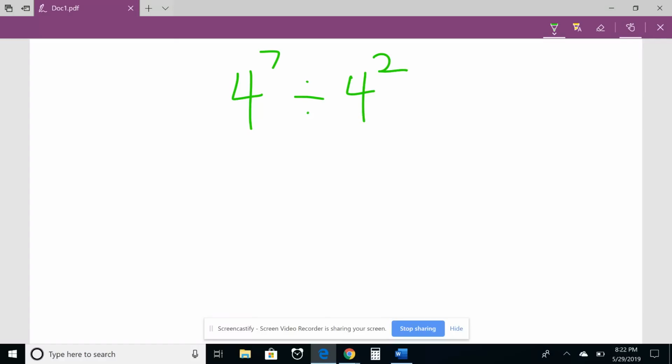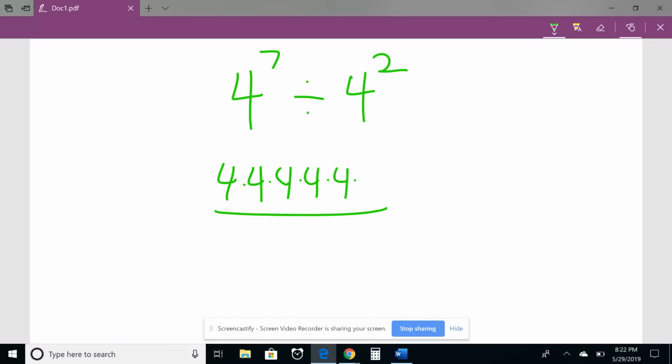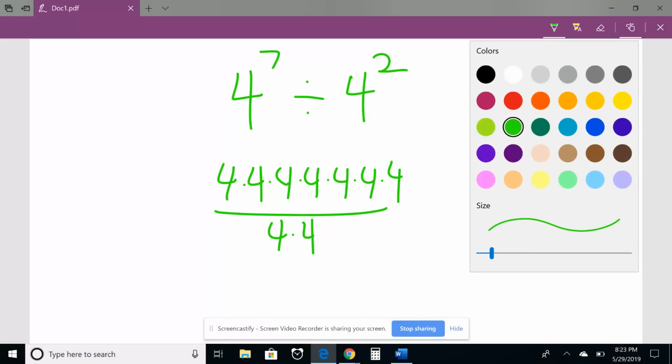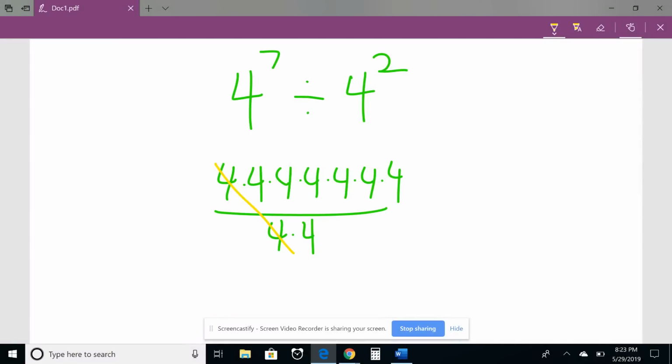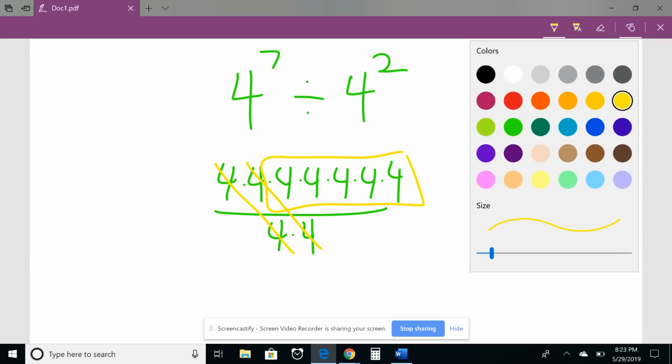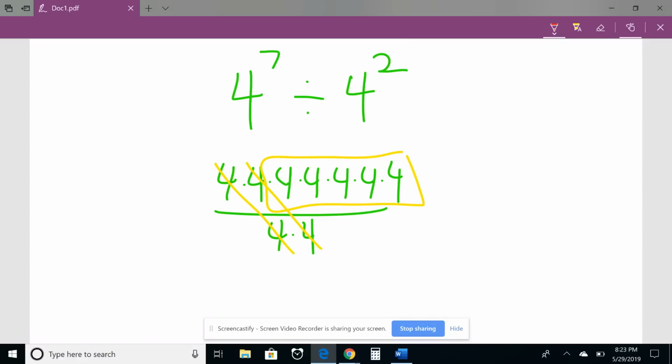Division. If I wanted to write this in a different way, you would write it as a fraction. So you have 7 fours: 1, 2, 3, 4, 5, 6, 7. On the bottom, you would have only 2 of them. Remember, whenever you have a number divided by itself, it cancels out to 1. And then you're left with 4 to the 5th on top.